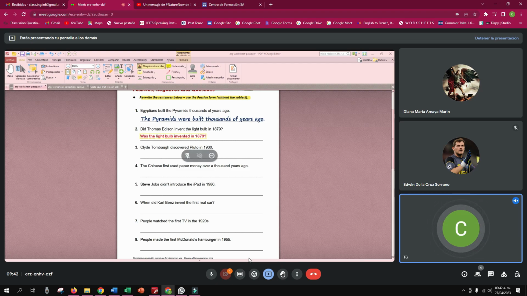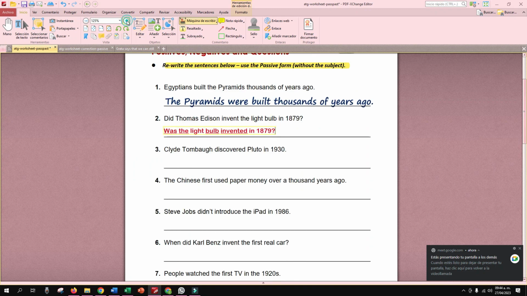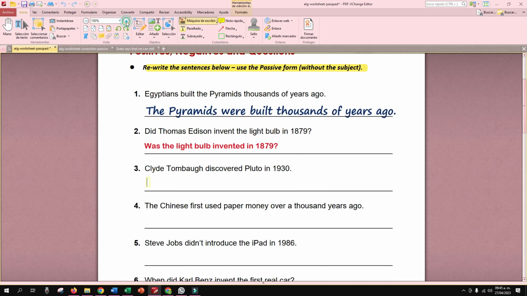So go ahead, work. Which could be the answer for that one? Clyde Tombaugh discovered Pluto in 1930. Which could be that one? Pluto was discovered in 1930. Excellent, perfect, Edwin.